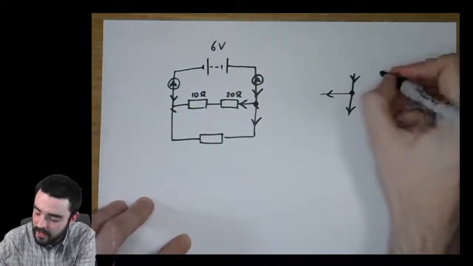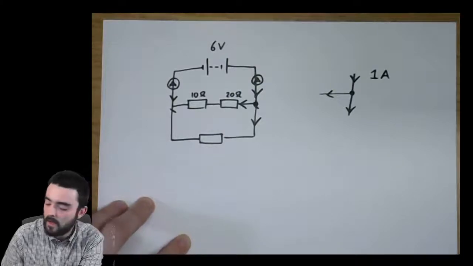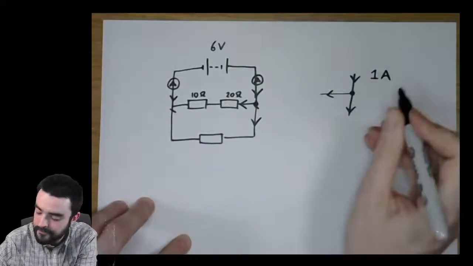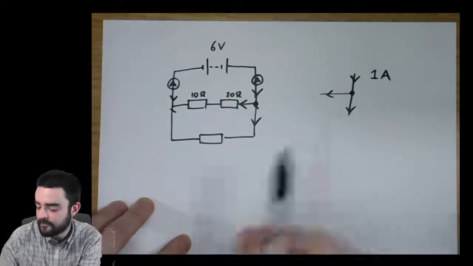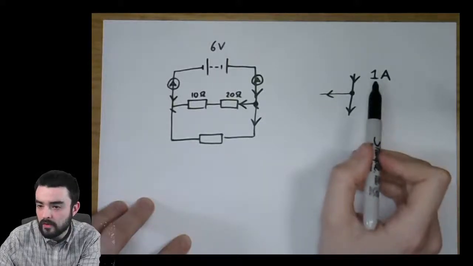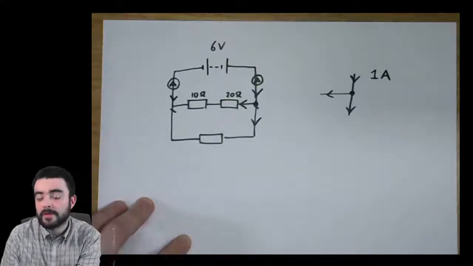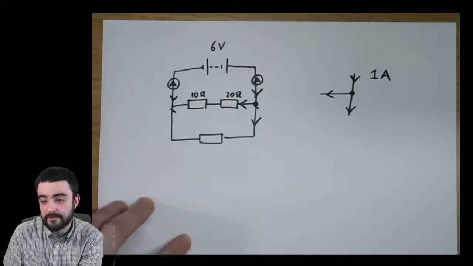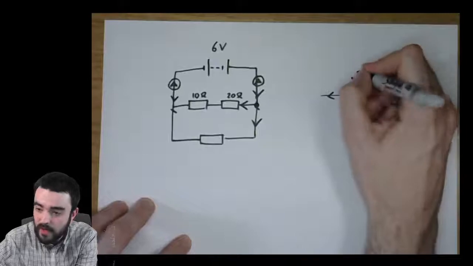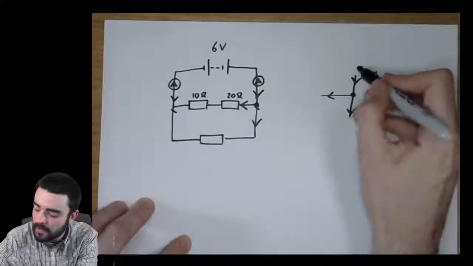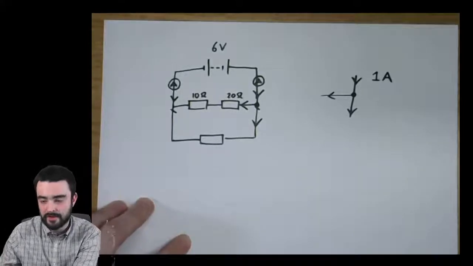So if we said that the current was 1 amp, so if there is 1 amp of current going through this way, we could say that if there is 1 amp going into the junction, well, there must be 1 amp going out of the junction.